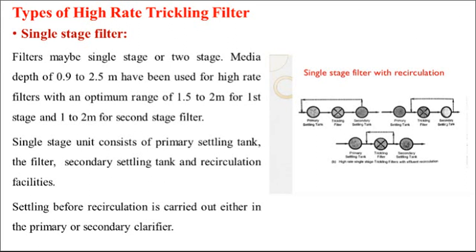Then types of high rate trickling filter, in that first one is a single stage filter. Filter may be single stage or two stage. Media depth of 0.9 to 2.5 meter has been used for high rate filter with an optimum range of 1.5 to 2 meter for first stage and 1 to 2 meter for second stage.